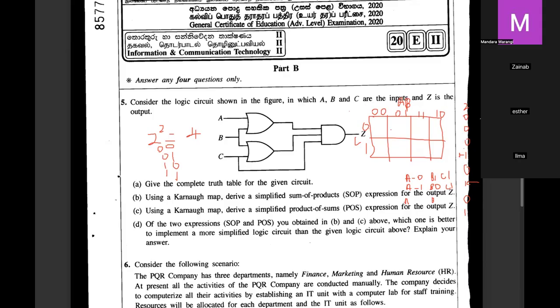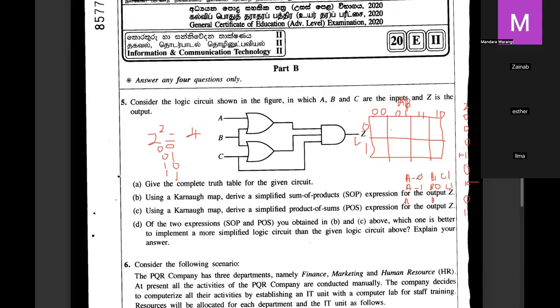So in the third place we got a 1 in the truth table. No, I mean the fourth place. It's 1 for A, 1 for B, and 0 for C.